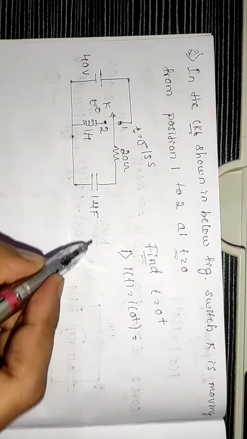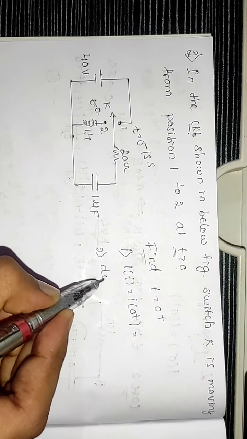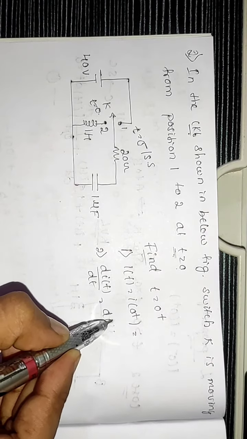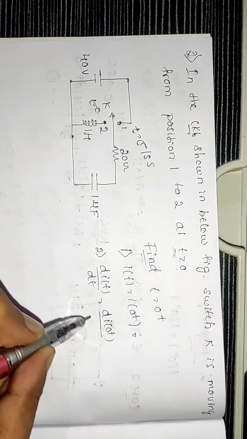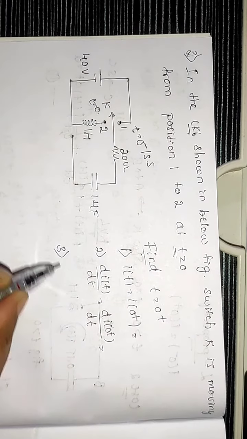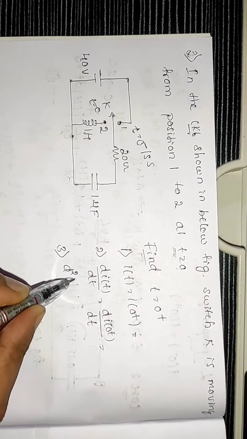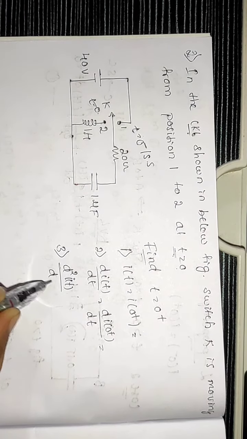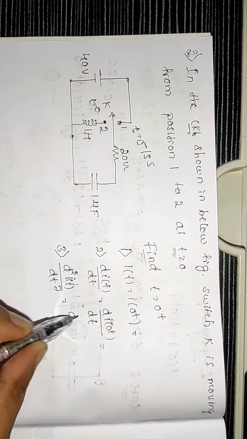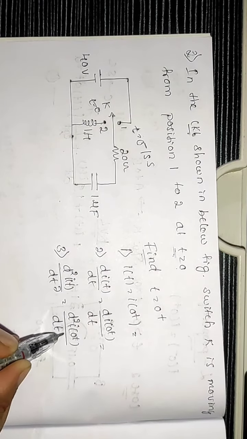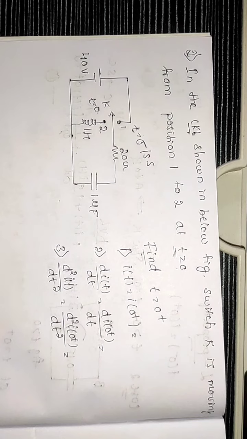The second one, dI of t divided by dt, that is dI of 0 plus divided by dt. The third one, d square I of t divided by dt square, that is d square I of 0 plus divided by dt square.